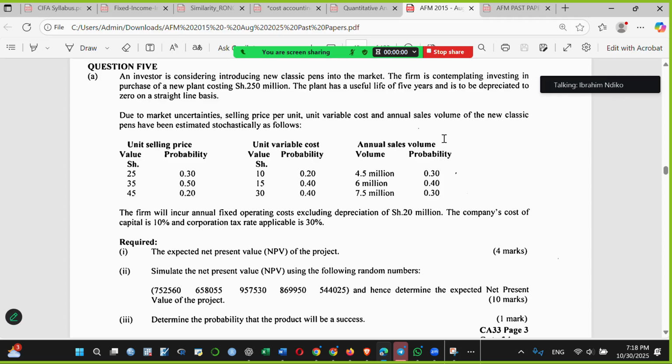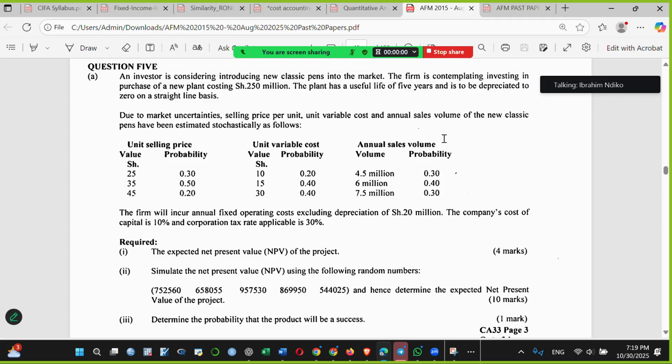That has its probabilities: 25, 35 and 45 with 0.3, 0.5 and 0.2. Then we have the variable cost per unit: 10, 15 and 30, with probabilities 0.2, 0.4 and 0.4.